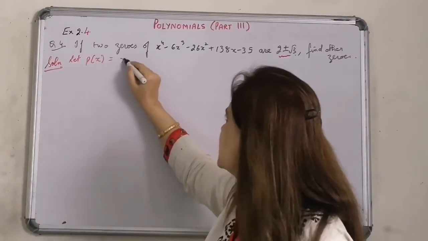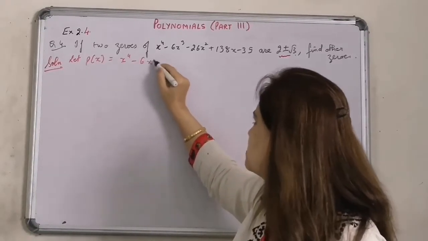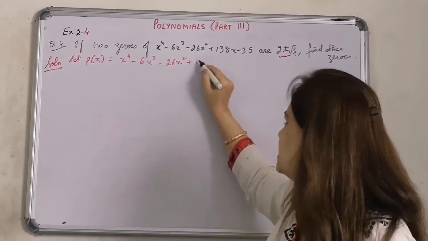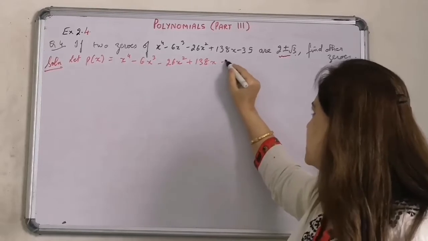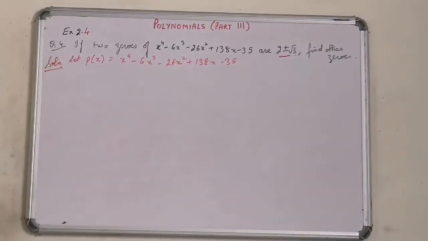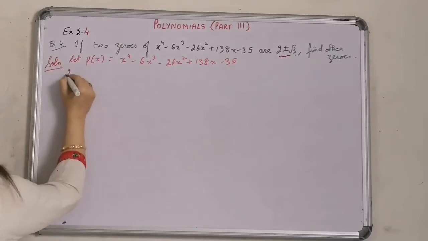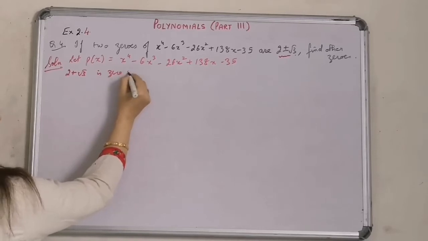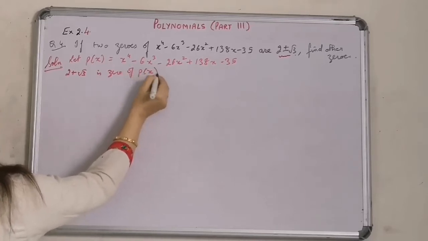any dividend is x power 4 minus 6 into x power 3 minus 26 into x power 2 plus 138x minus 35. So what are we given? We are given that 2 plus root 3 is 0 of px. So what does this imply?